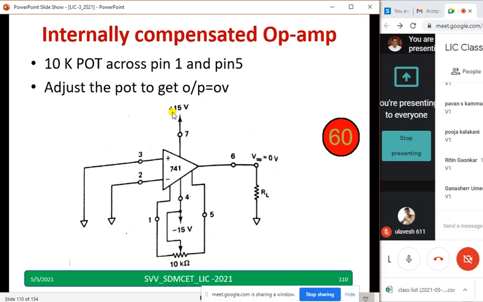This is an op amp where we have internal compensation, and 741 is internally compensated. And most of the time in the lab we never use pin number 1 and 5. Somebody might be having a doubt at that time. All pins we are using except 1 and 5. 1 and 5 we use with this connection to make output 0 when inputs are 0.